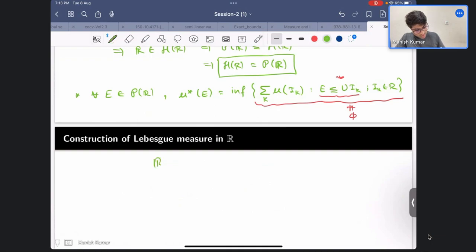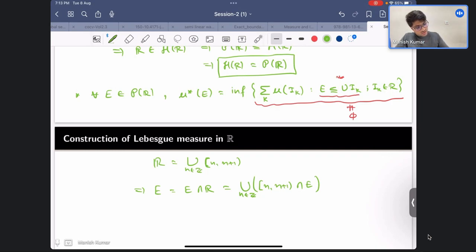We know that R is equal to the union over n belonging to Z of n to n plus 1, and this would imply that if you take any subset of R, you just take the intersection with R. So E is equal to E intersection R, and this is equal to the union over n belonging to Z of n to n plus 1 intersection with E. So you see, this E is covered by these many sets.